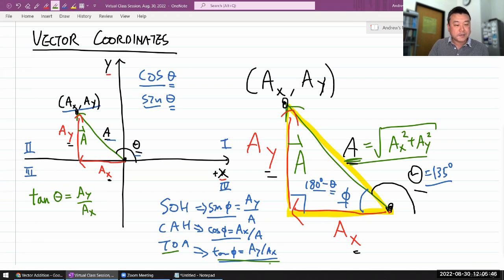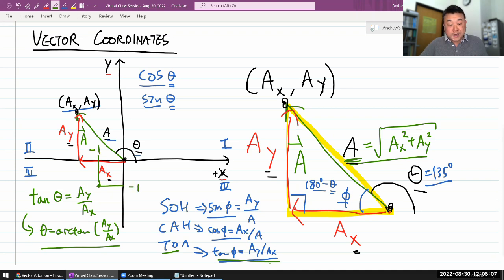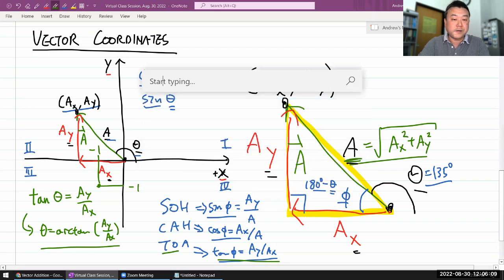So people have this temptation to say, oh, so theta is equal to arctangent of ay over ax. Let me give you a hypothetical where I have a point here with the x coordinate of -1 and y coordinate of -1. Let me just do the calculation on a calculator.